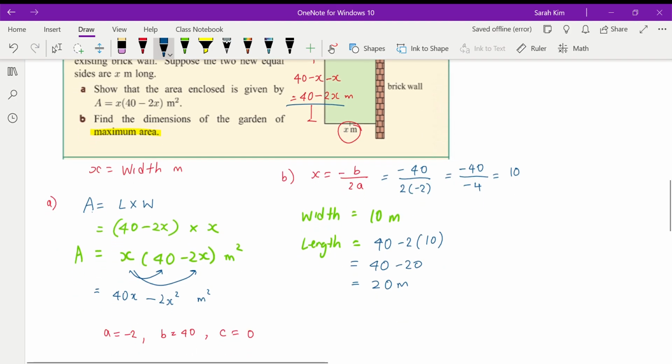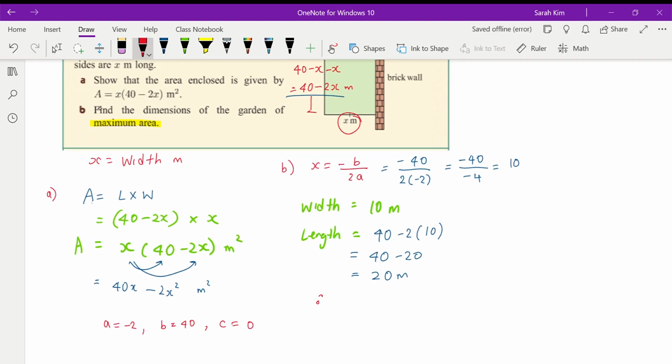So I'm going to write my answer in a worded format. So therefore, the dimensions of the garden of maximum area is 10 meters by 20 meters.